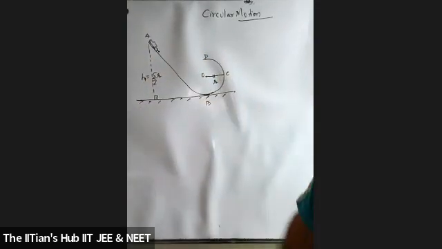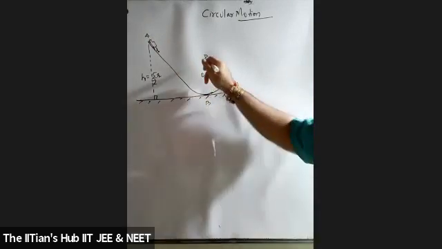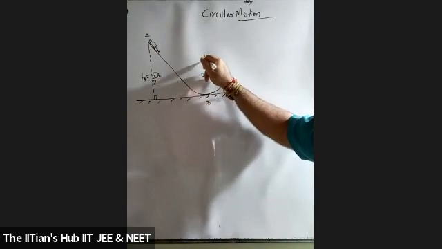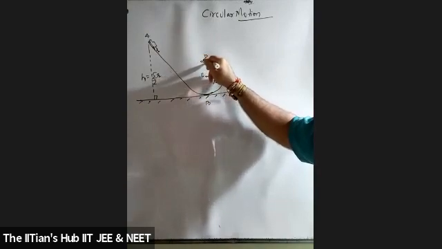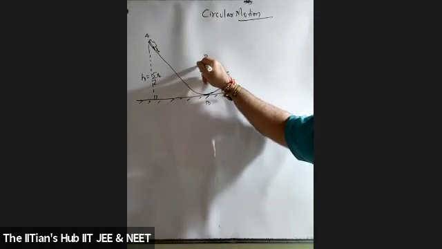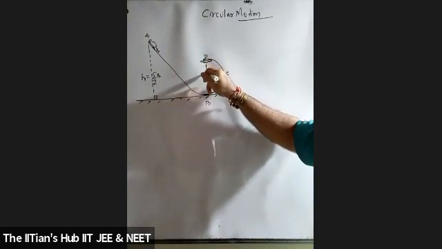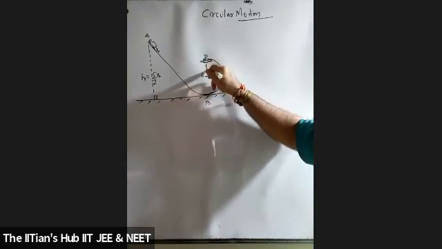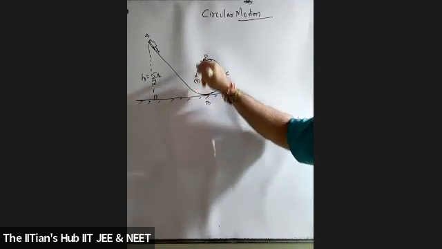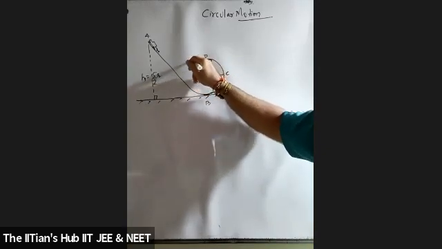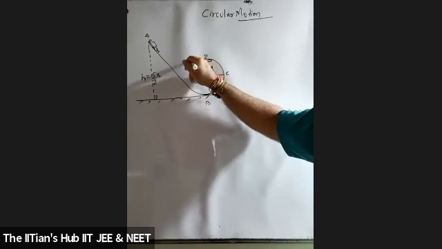Students, listen carefully. I released the car from here. My question to you is, when the car reaches point D, tell me, what's going to happen to the car? Will the car drop perpendicularly downwards? Will the car have a parabolic path, or will the car go tangentially outwards?